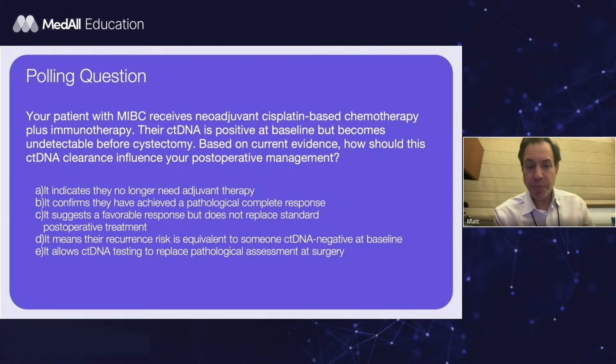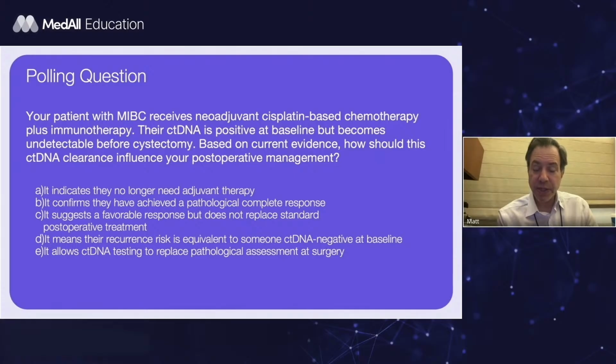So let's return to a polling question. Your patient with muscle-invasive bladder cancer received neoadjuvant cisplatin-based chemotherapy plus immunotherapy. Their ctDNA test is positive at baseline, but becomes undetectable prior to cystectomy. Based on current evidence, how should ctDNA clearance influence your postoperative management? A, it indicates that they no longer need adjuvant treatment.